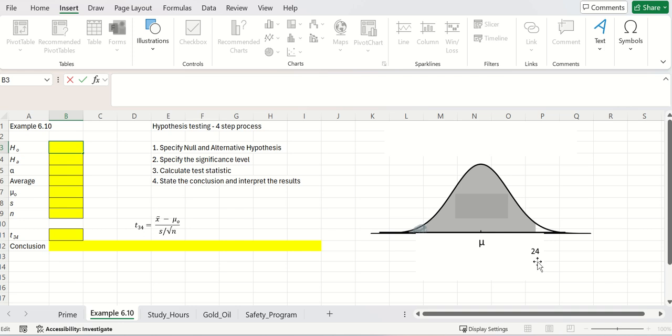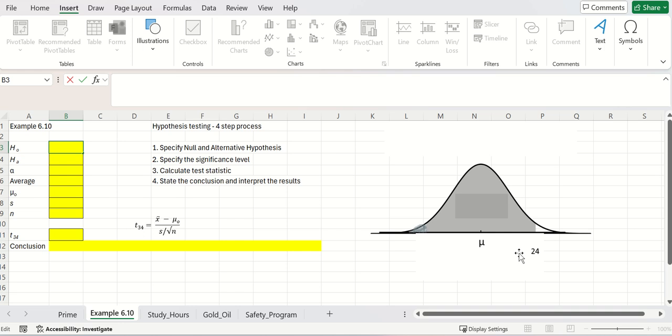However, she had somebody sample 35 students, and the average at her university is currently around 16.4. So using a hypothesis test, based on our sample of about 16.4, is 24 still valid? Is it still within a 95% confidence interval?